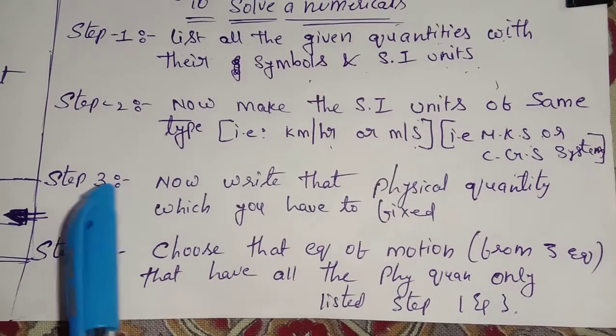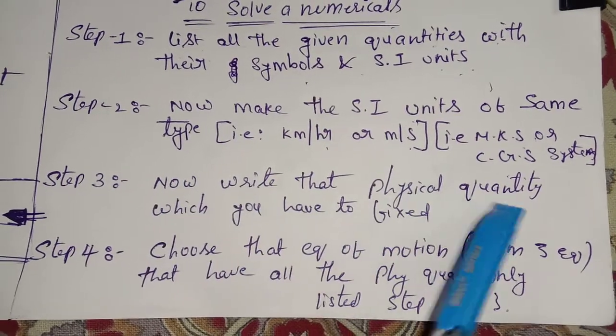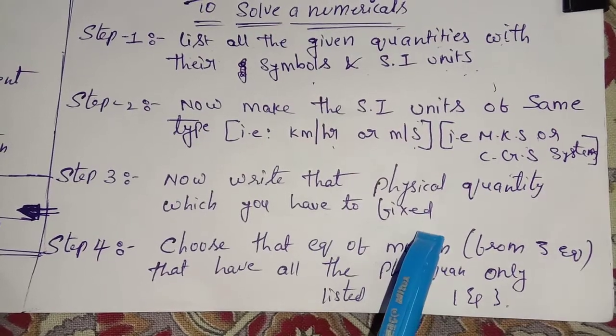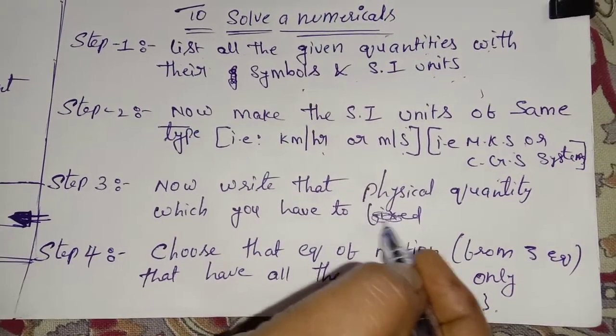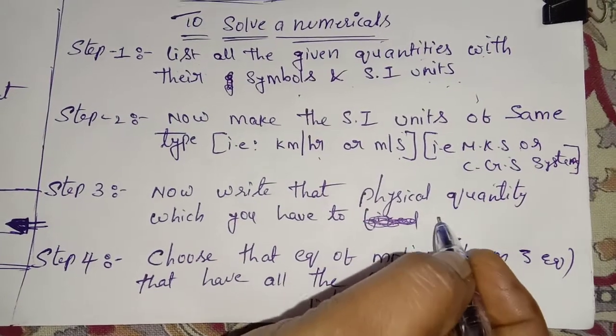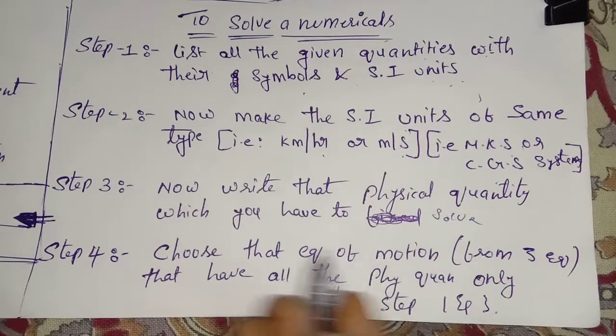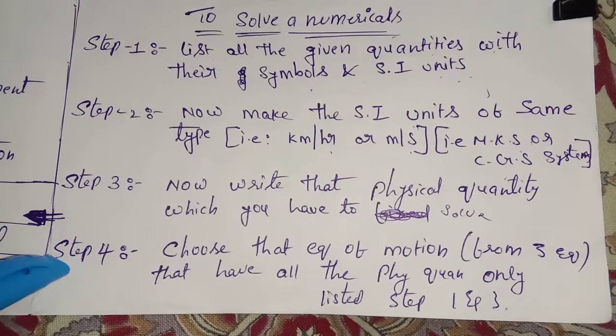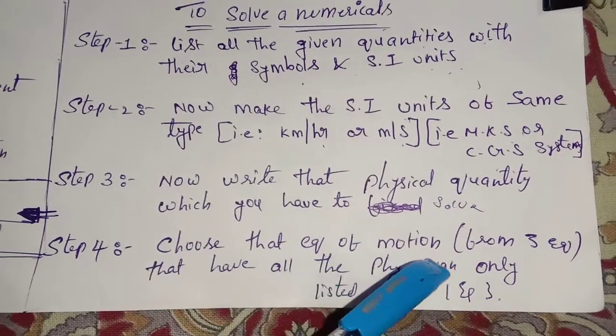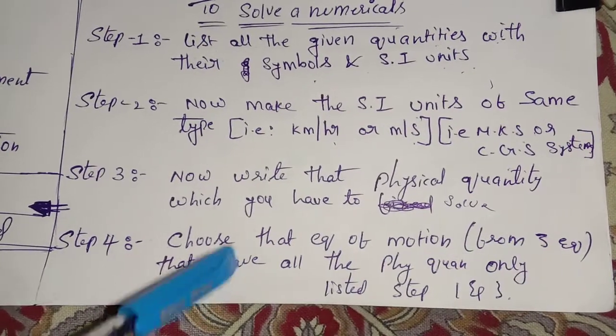Now step 3: write the physical quantity which you have to find. What is asked in the question, that you have to write. Next, step 4: choose the equation of motion from the three equations.